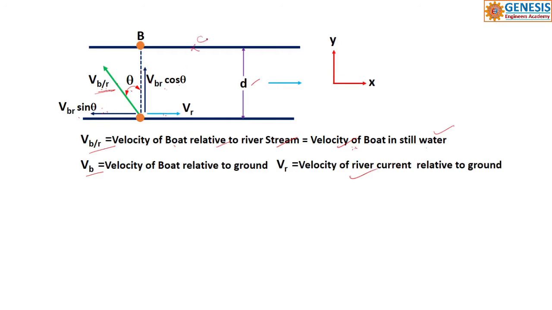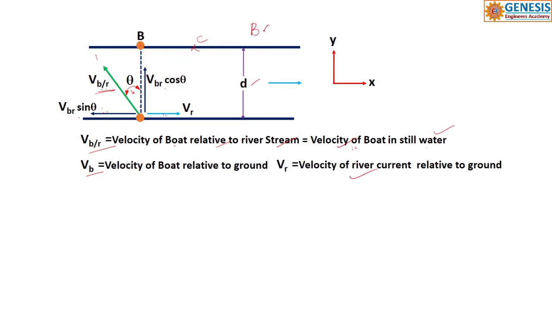If this inclination is not made, he probably reaches this point. If he makes the correct inclination, he may reach this place because he is moving in this direction. If that angle is not made, then he will land here. This I can call a drift. BC is the drift.